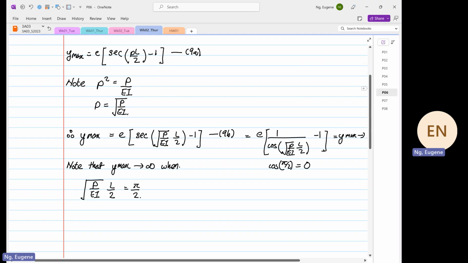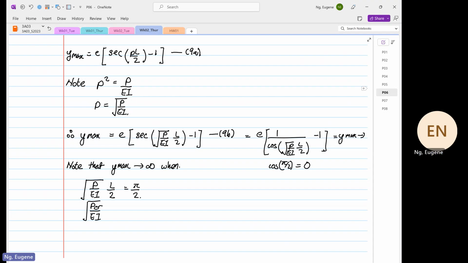From here we can rewrite this equation, and now I change the P to P critical. Why P critical? Because it's going towards infinity. So the square root of P critical over EI will be equal to pi over L. So the critical load is equal to pi squared over L squared multiplied by EI.